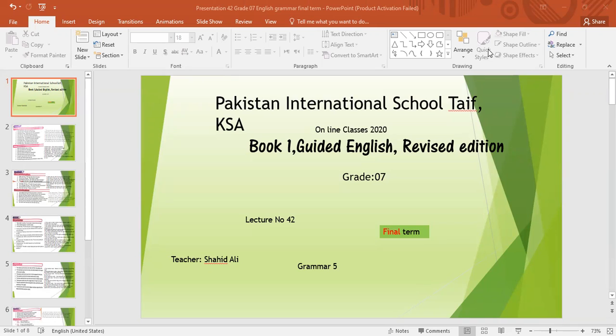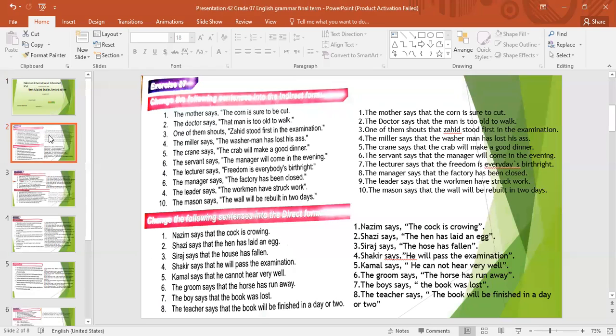Dear students, in today's lecture, we are going to talk about direct and indirect speech. Some exercises are given in your course, so inshallah, we will try to change them according to the requirements. But before starting the exercises, it is important to tell you what is direct speech and what is indirect speech.